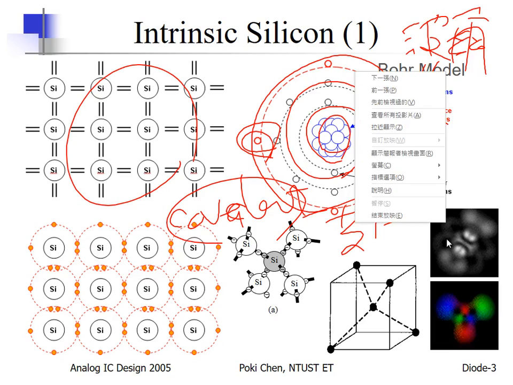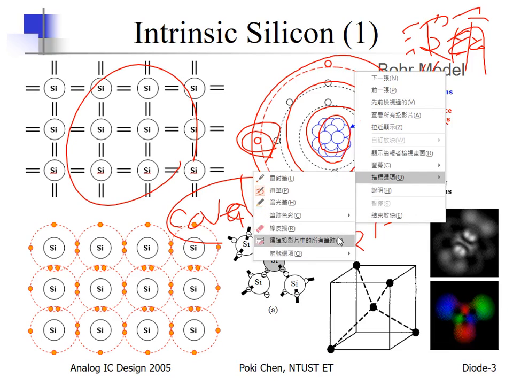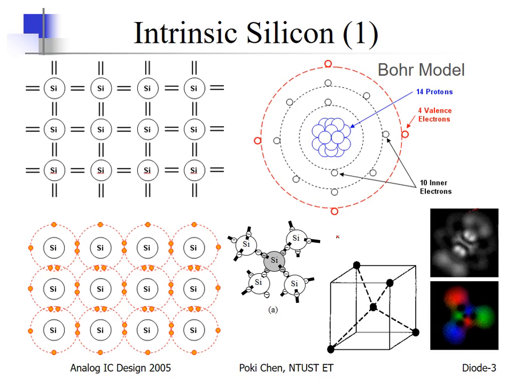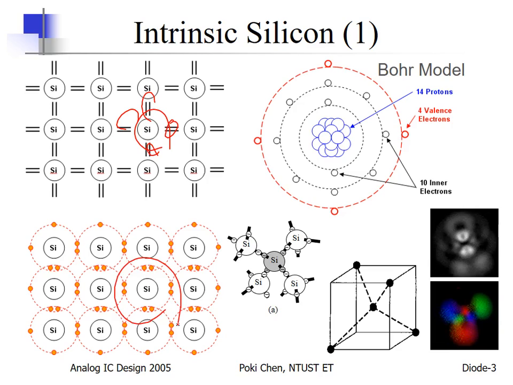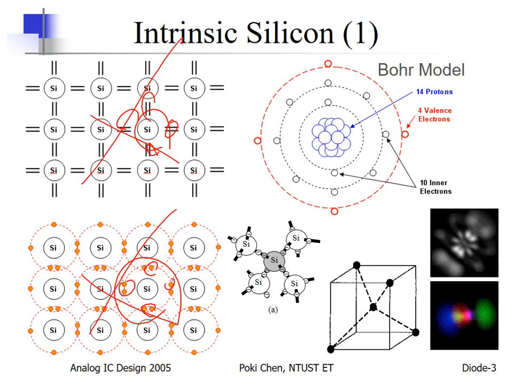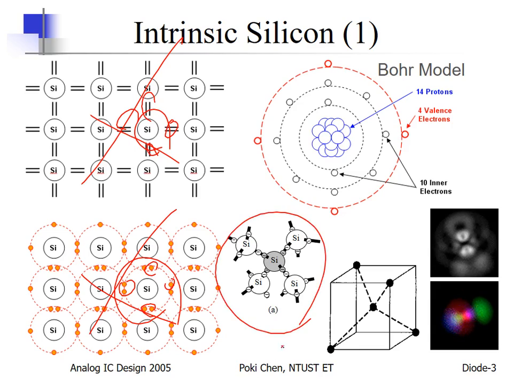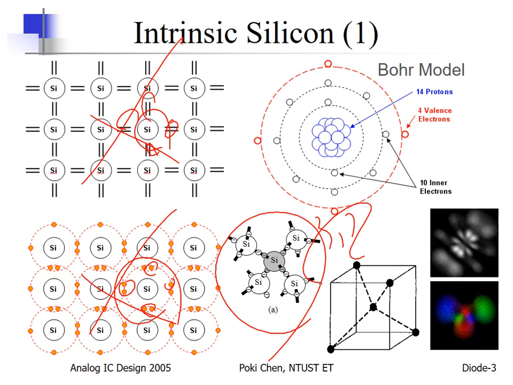Anyway, we have many kinds of plots to explain such an idea. This is one: I have 4 bonds. Also, I have 4 bonds and 2 electrons in each bond to share with each other, right? But they are not correct. Actually, the 3D model is the most accurate one, but it's hard to plot.